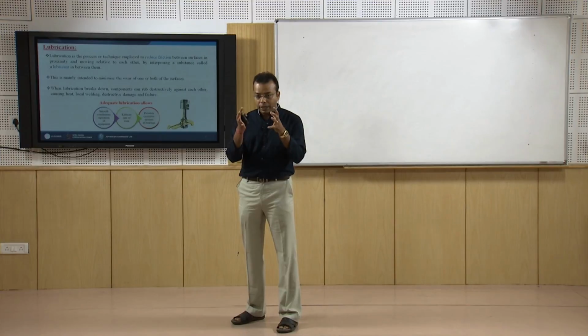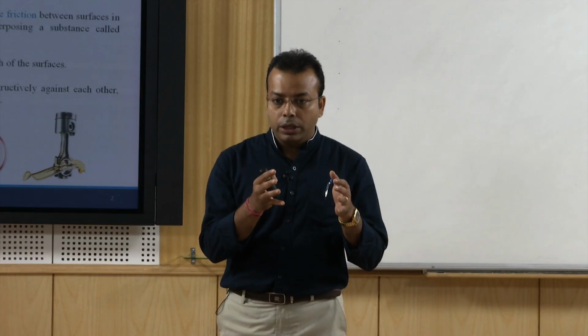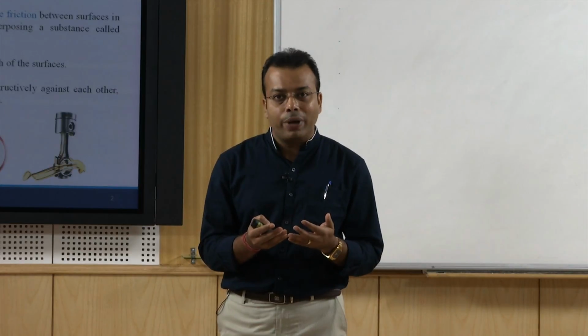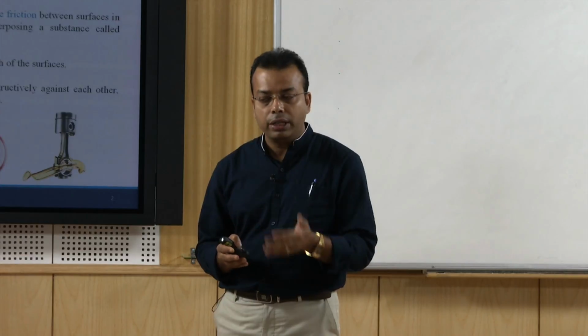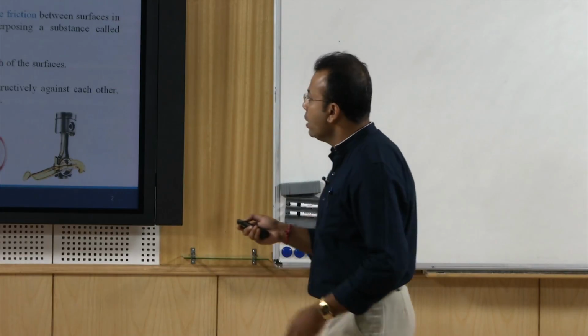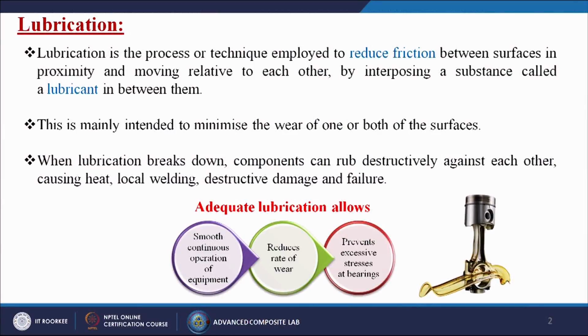That means lubrication is the term for the process by which wear is decreased, and the material doing the lubrication is called the lubricant. This is mainly intended to minimize the wear of one or both of the surfaces. When lubrication breaks down, the parts will come directly into contact.